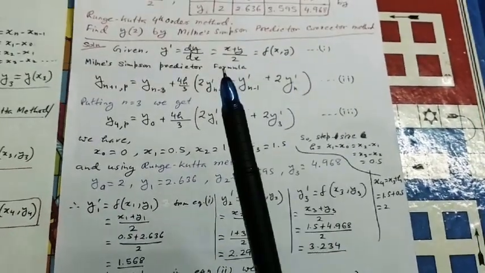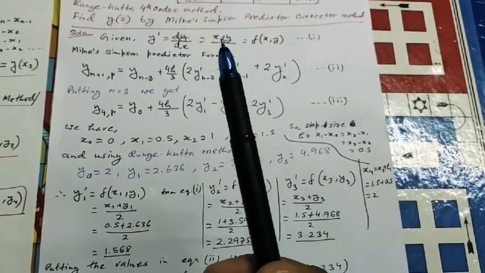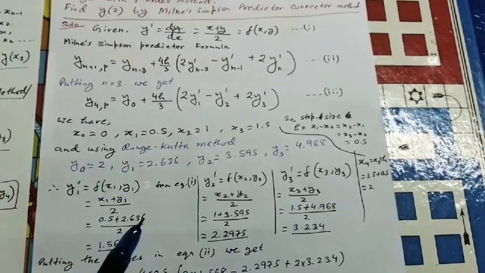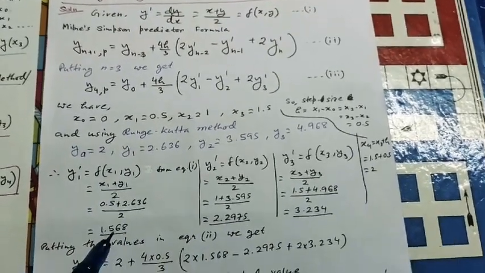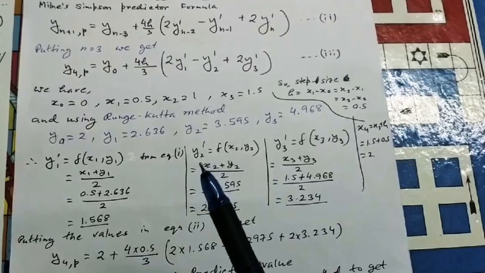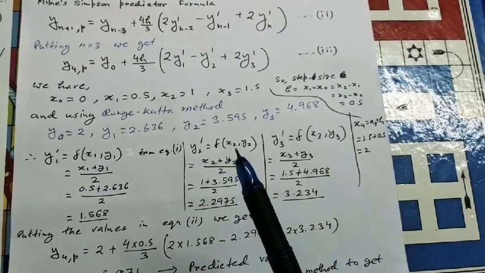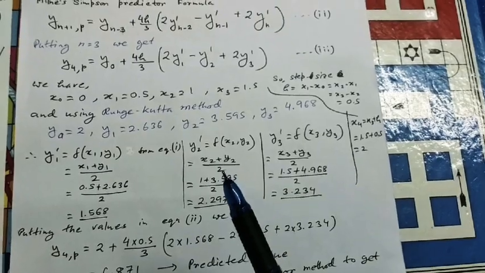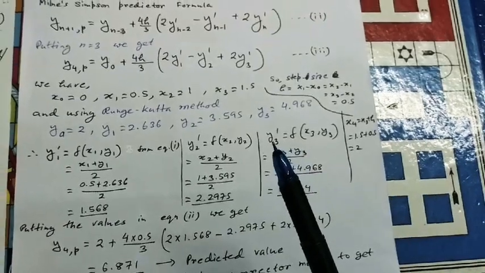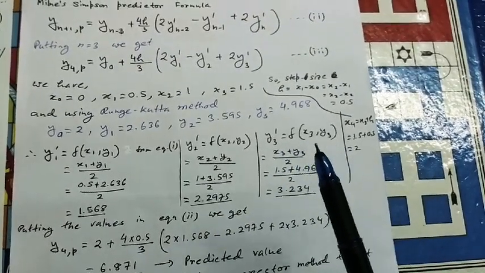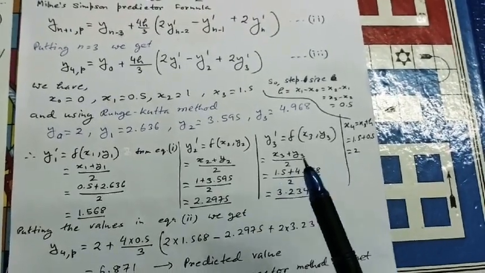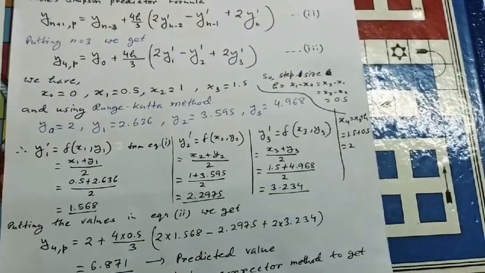So from equation 1 it is (x plus y) by 2, and putting x equals x1 and y equals y1, we get (x1 plus y1) by 2. By putting the values, if we calculate, we will get 1.568. Similarly for y2 dash, f of x2, y2, it will become (x2 plus y2) by 2, and if you calculate, we will get 2.2975. After that y3 dash equals f of x3, y3, and it will become (x3 plus y3) by 2. If we calculate by putting the values of x3 and y3, we will get 3.234.